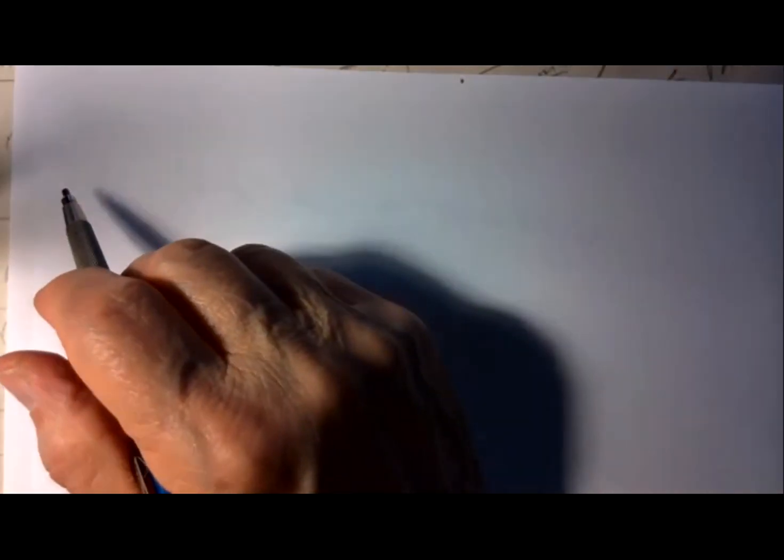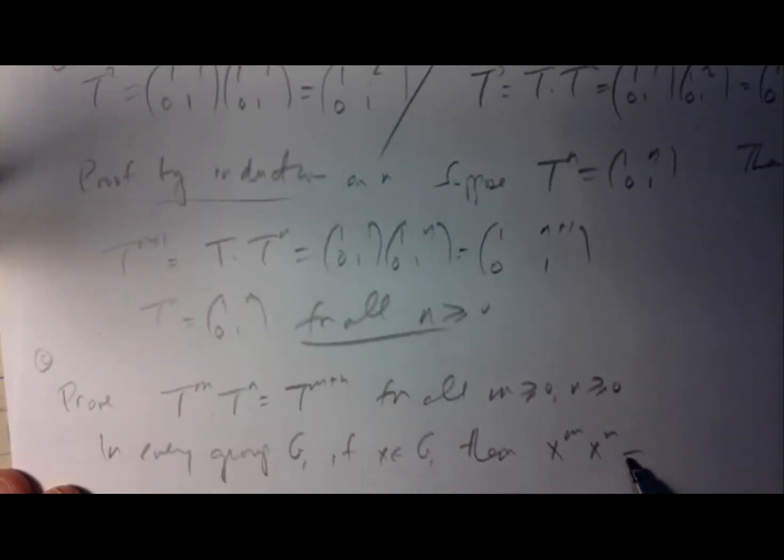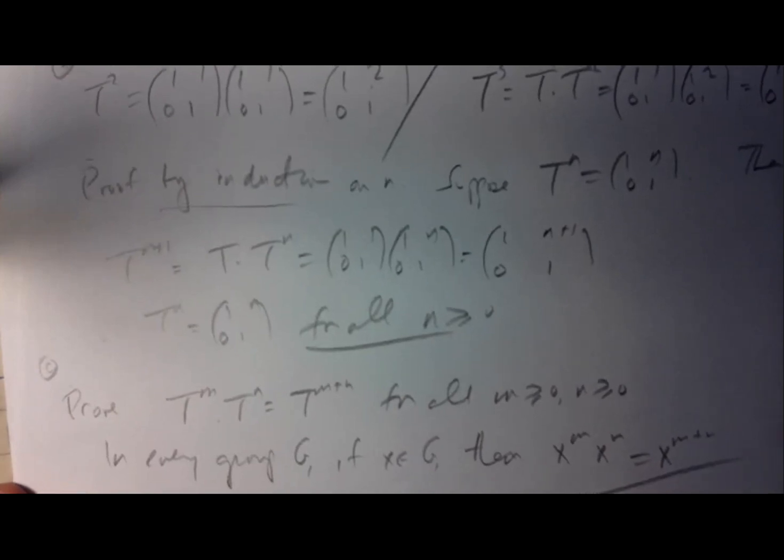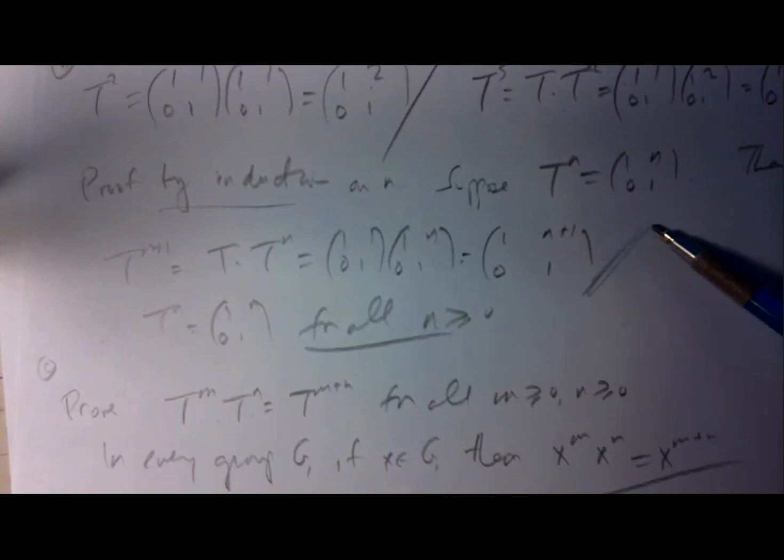Well, actually there's really nothing to prove there, because this is just powers of T. In every group G, if X is in G, then you have the usual rule for exponents: X to the M times X to the N is X to the M plus N. So there's really nothing to do for this part. The only part of this problem that requires a proof is part B.